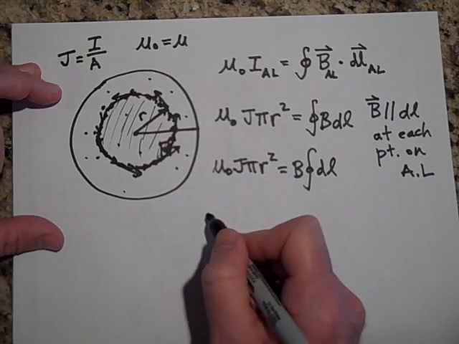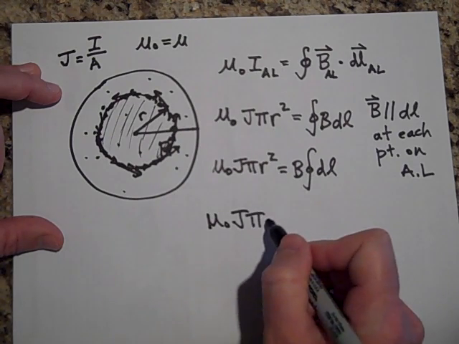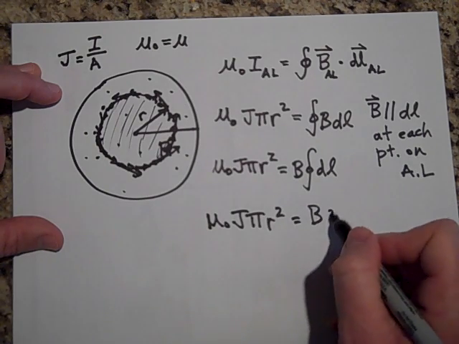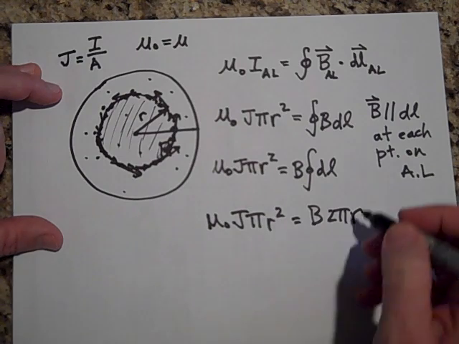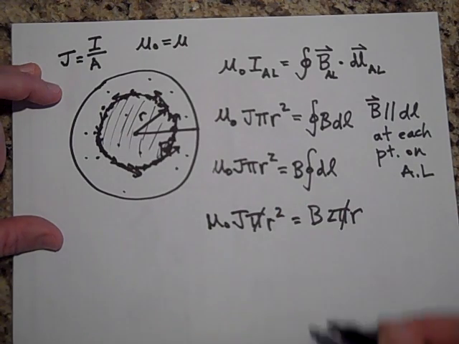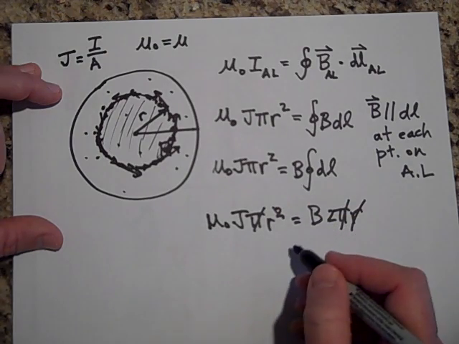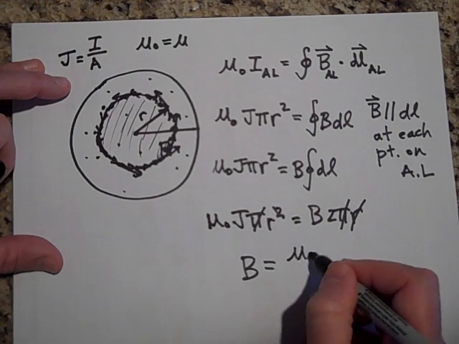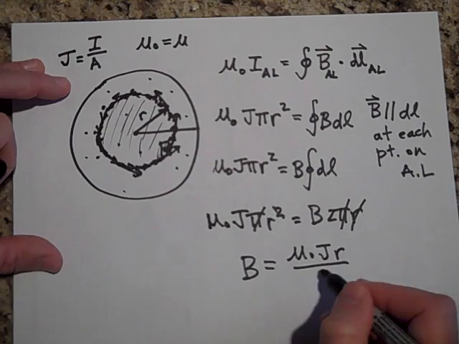And so the sum of all the dl's around the loop, when you add them all up, you're just going to get 2 pi r. Okay, let's get rid of the pi, get rid of one of the r's, and bring the 2 on the other side, and apparently B is equal to mu naught times J times r over 2.